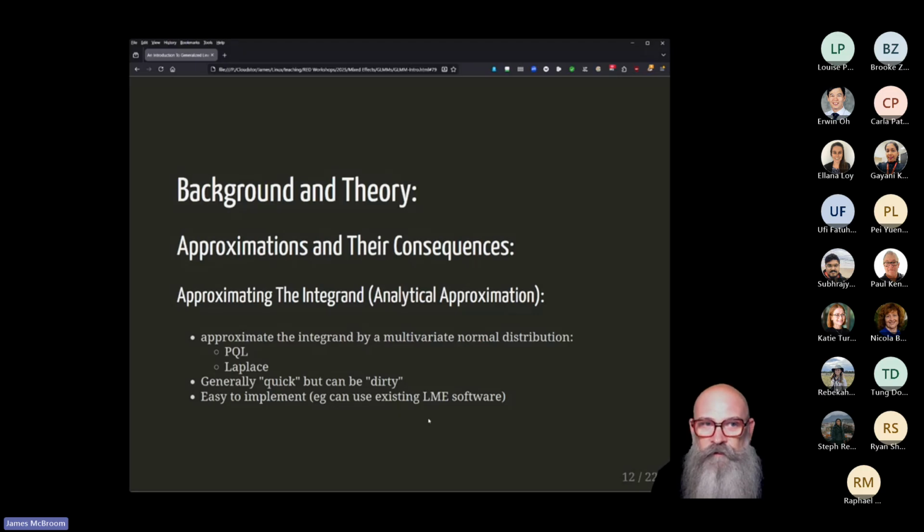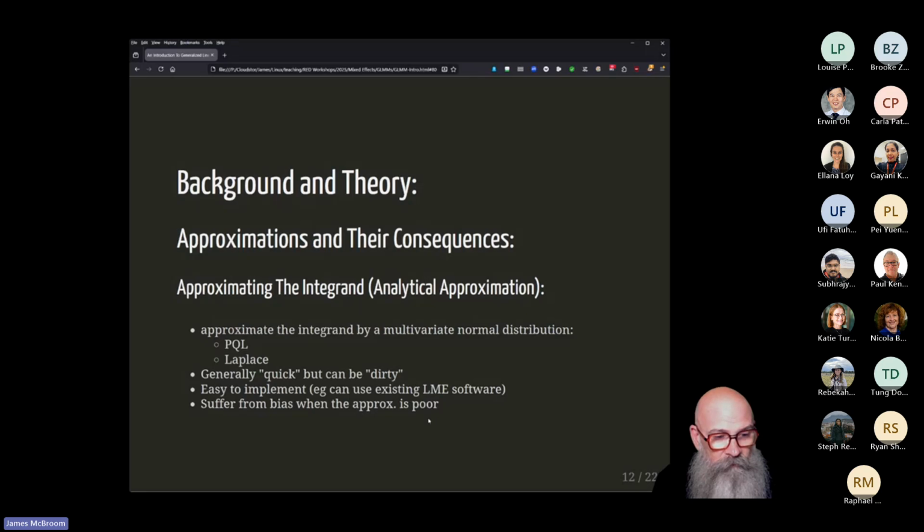If anyone's interested, it's analogous to how we linearize the response in a GLM and then use a linear model via a Taylor series expansion, second order one, and run a linear model on that linearized response. It's analogous to that. Okay, which is why you can use existing LME software. You linearize the response variable in the GLMM, and then you use LME software, essentially.